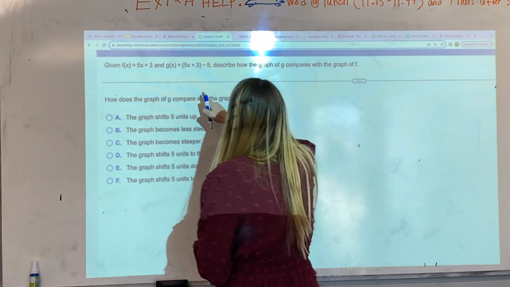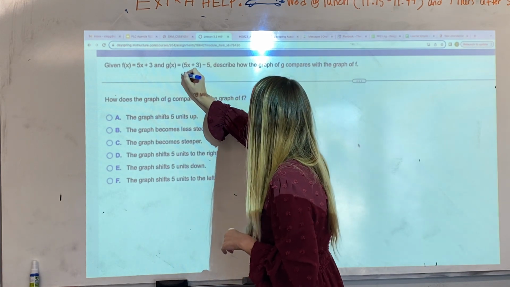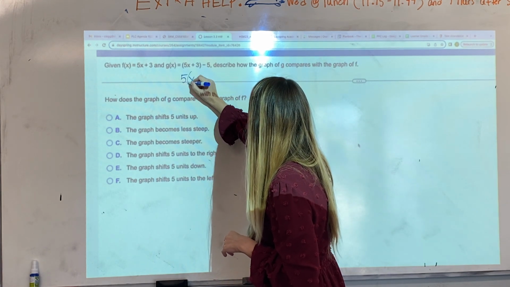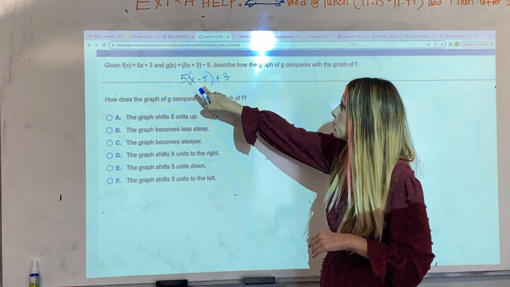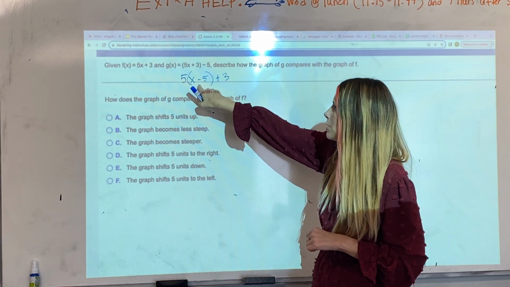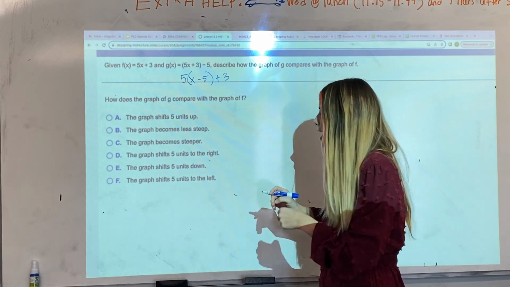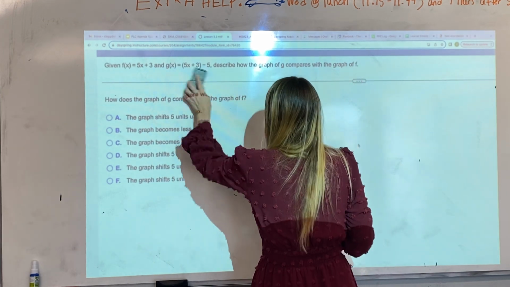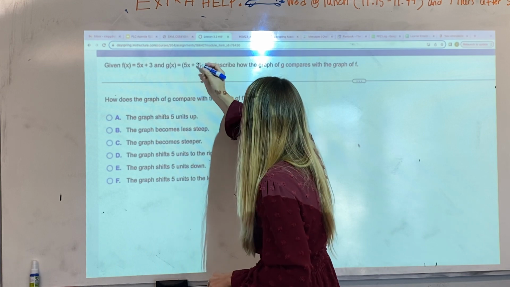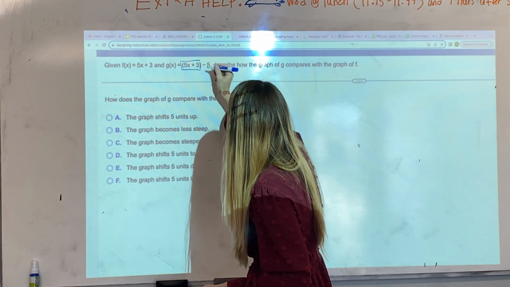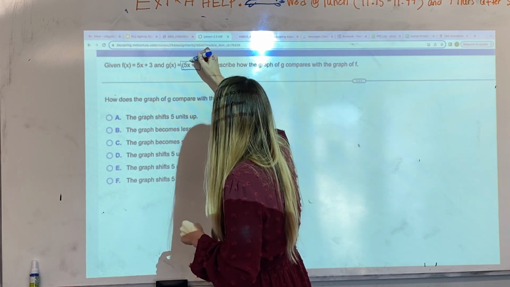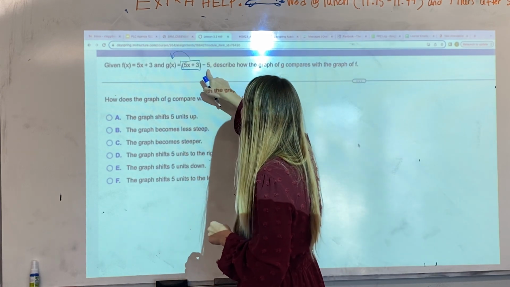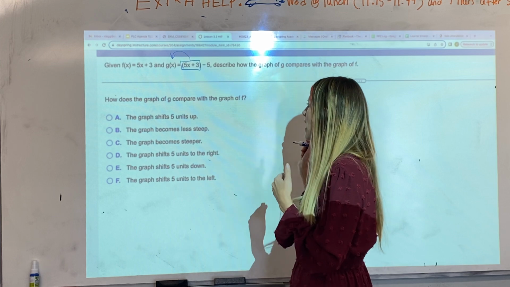If it were being taken away from the input, it would be 5x minus 5 plus 3. Remember, if it were being taken away from the input, it would be showing it just being subtracted from the x. But since 5 is being subtracted from the whole function, the whole machine, and this equals the output, this is being taken away from the output.